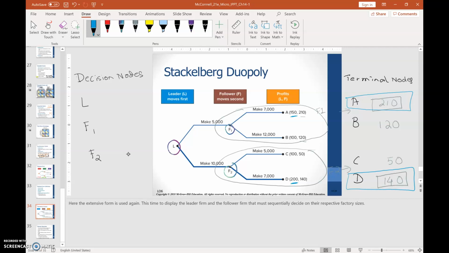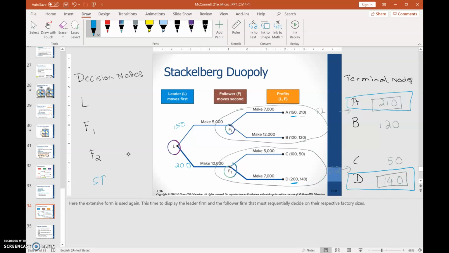So the leader has a choice between 150 or 200. Definitely 200 is greater than 150, so the leader is going to prefer terminal node D.